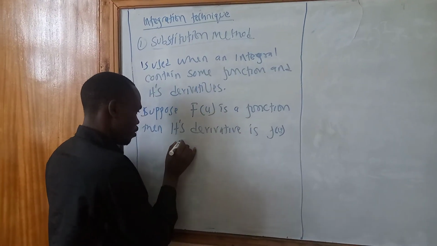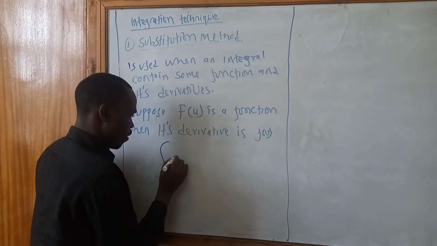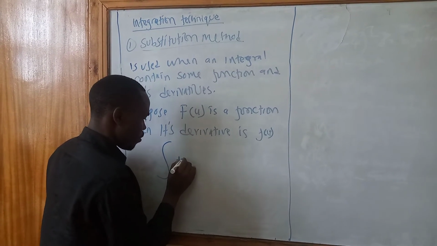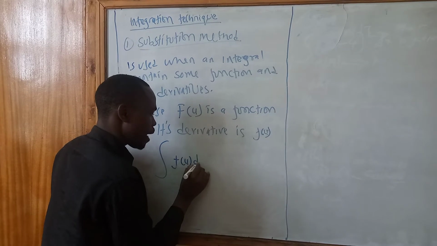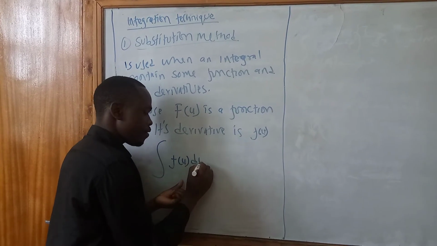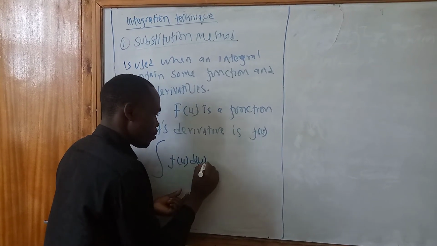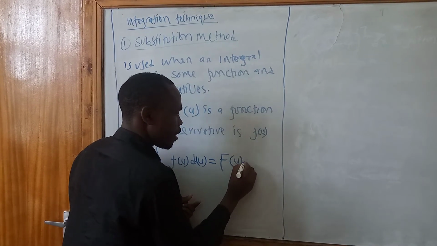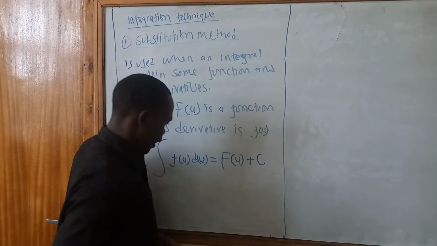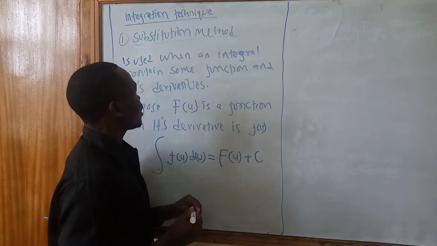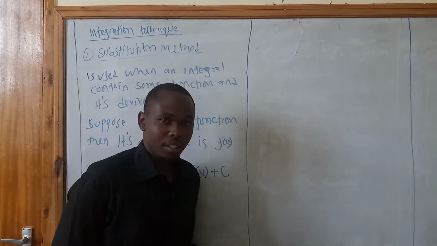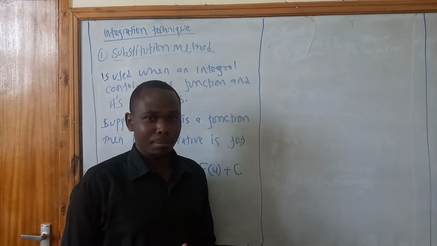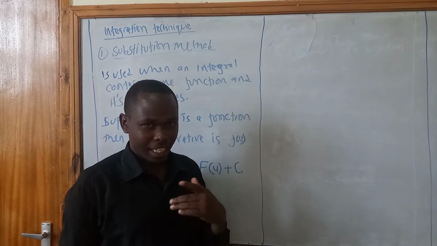Then it will be the integration of f of u multiplied by its derivative du, which is the same as capital F of u plus the constant. For us to understand more about the substitution, I have these three examples that will help us.